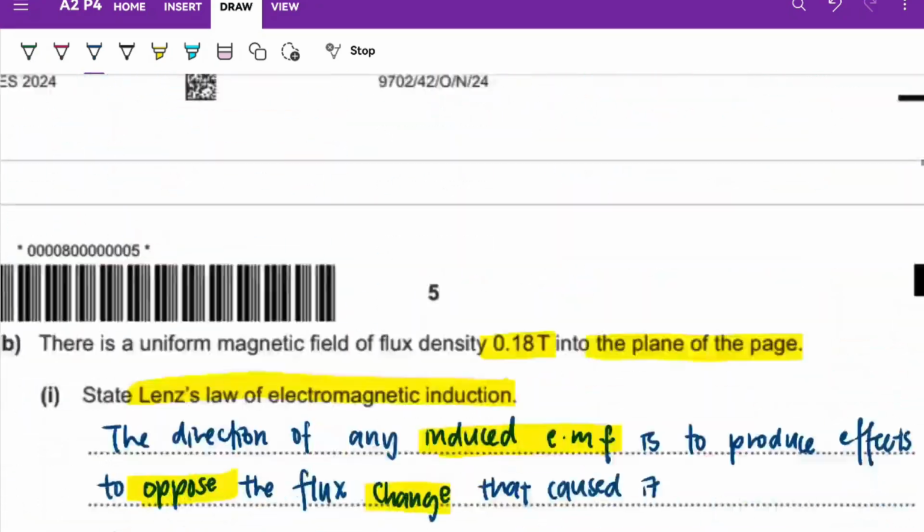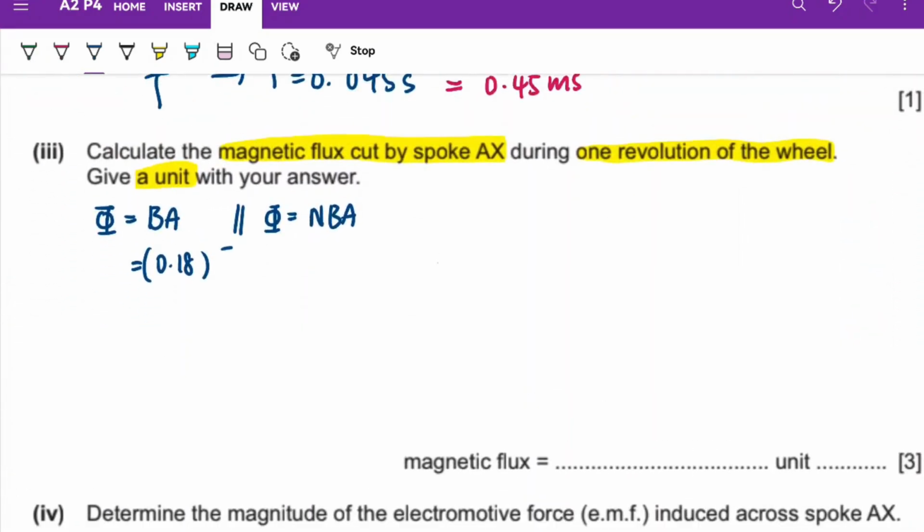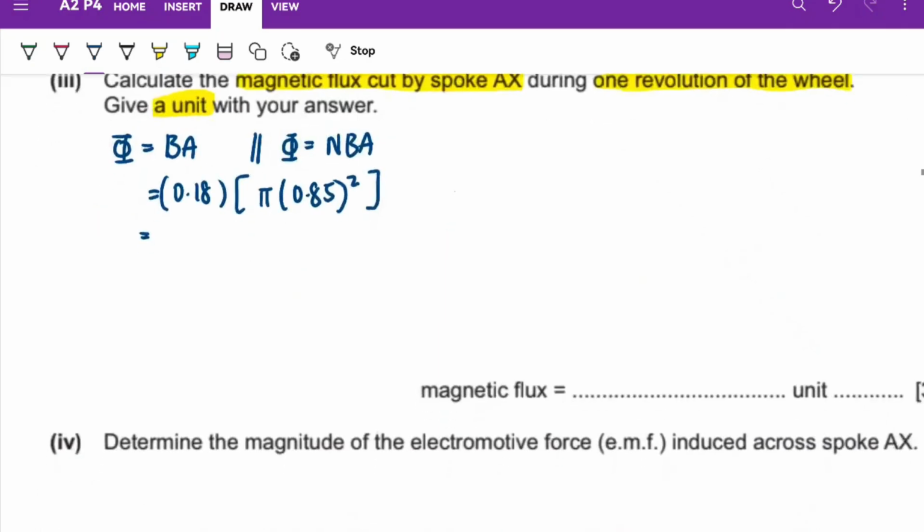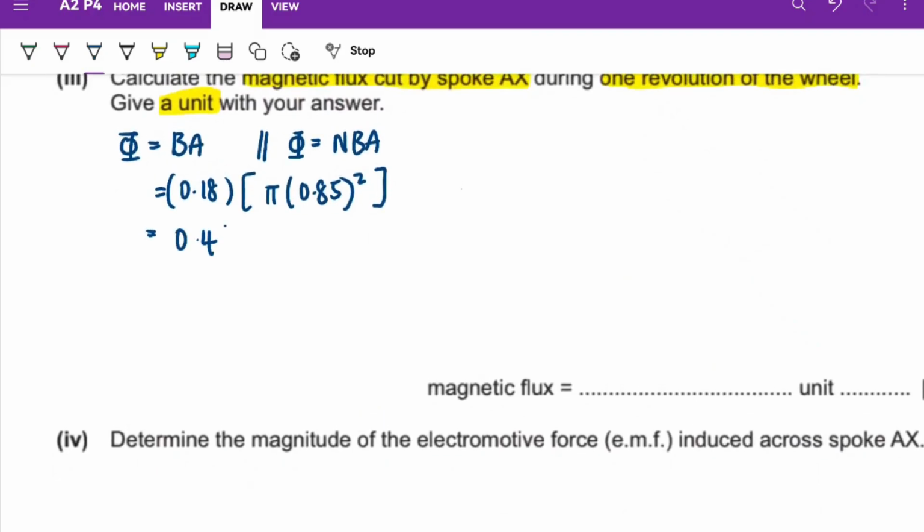So pi times 0.85 squared. Remember to square. Okay, you take out your calculator, you calculate it, you should be getting 0.41 Weber. Your unit is Wb.